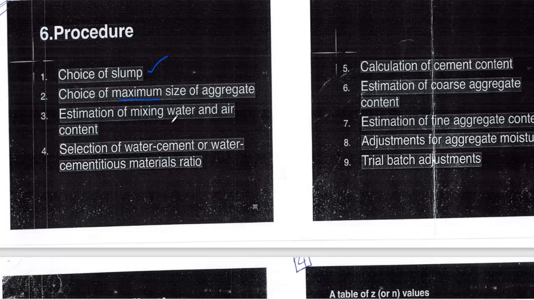Once you know this, it will help us to decide the quantity of water and the quantity of the fine aggregate as well. And then we can estimate the mixing water and air content.